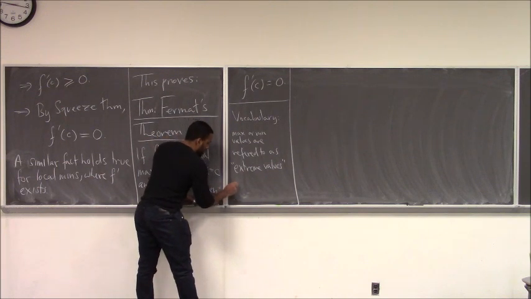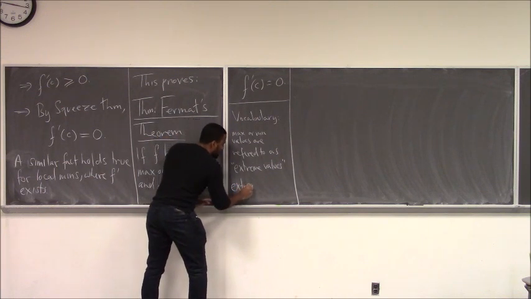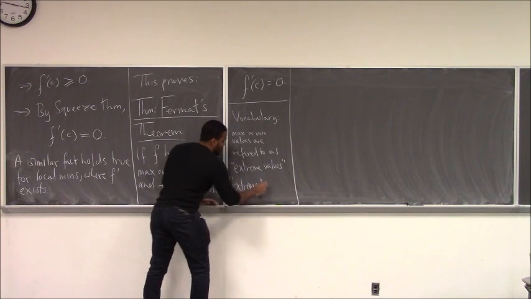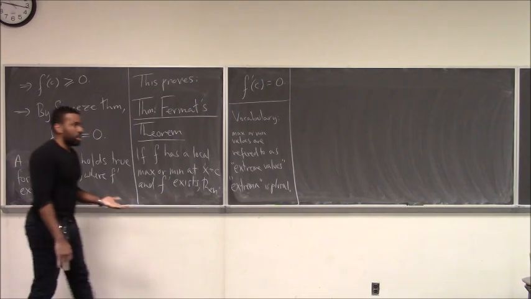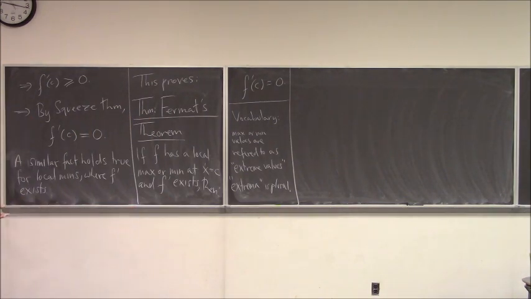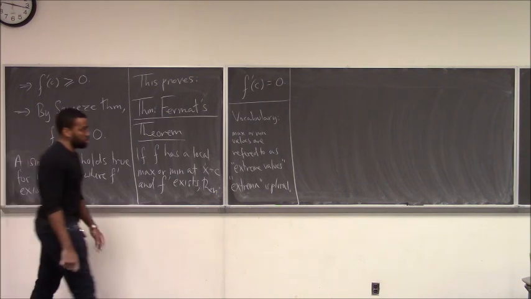And extrema is a plural. So in other words, if someone asks you to find the extreme values, or find the local extrema, or find the absolute extrema, they're really talking about the maximum and minimum values. It's just another way to say it.